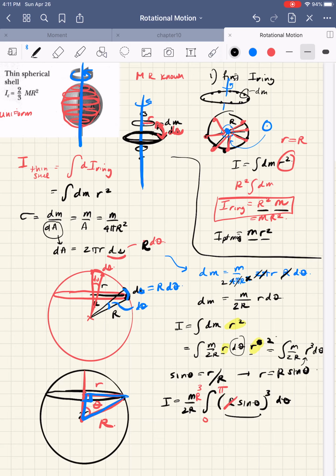But at the end, what I'll end up with is m R cubed over 2R times 4/3 after I integrate sine cubed from 0 to pi. One of these R's will cancel, one of these 2's will cancel, and that'll give me 2/3 m R squared. Cool.